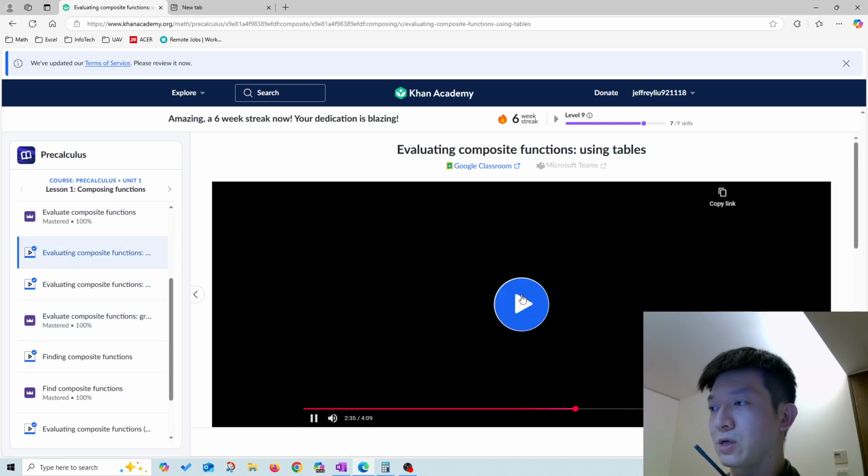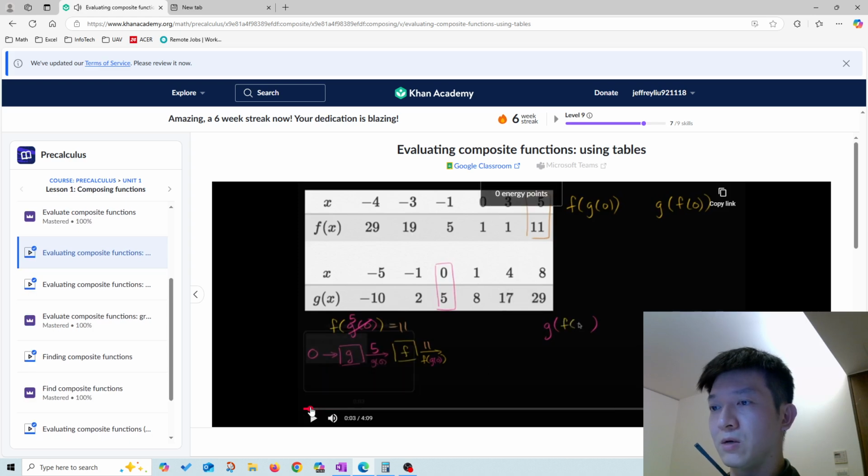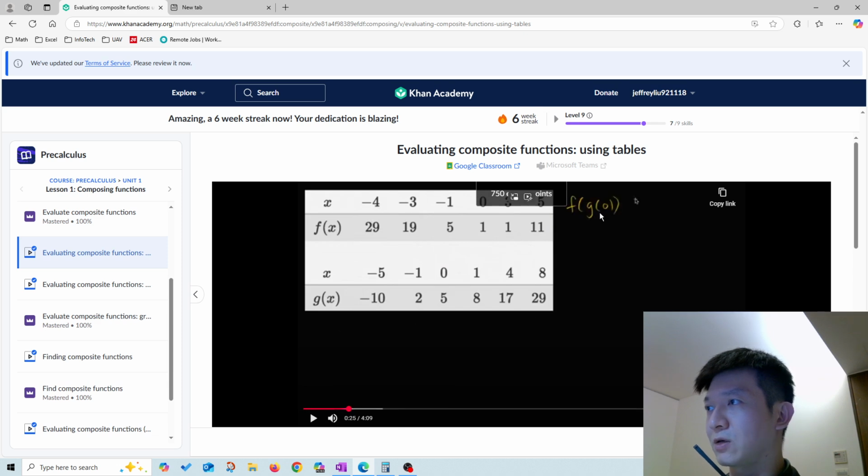Okay, tables. This is a new thing, but it's more or less the same. So let's get our question here: g of f of g of 0, right? That's how you say it. So you do the g of 0 first. G of 0 corresponds to 5. No other zeros correspond to another answer, so that will be 5.